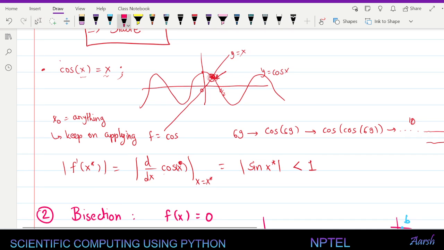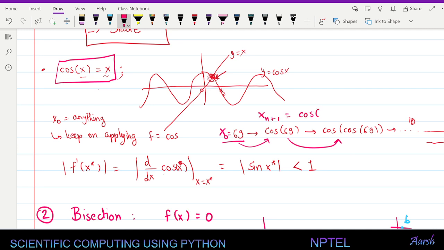You wanted to solve this equation, so what you did was start with x0 equal to some random number, and then apply cosine again and again. So xn plus 1 was cosine of xn, and eventually you reach a number. I don't know, maybe it's 0.7 or maybe it's not, but whatever it is, it stays constant, and that will be the solution of this equation.